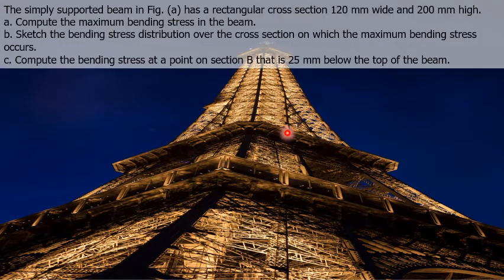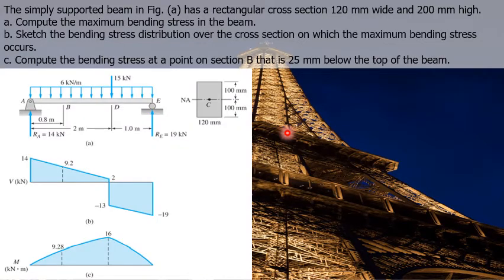For letter C, we need to compute the bending stress at a point on section B that is 25 millimeters below the top of the beam. Before we could compute the bending stress at point B, we need to get the bending moment at point B. So let's do just that.